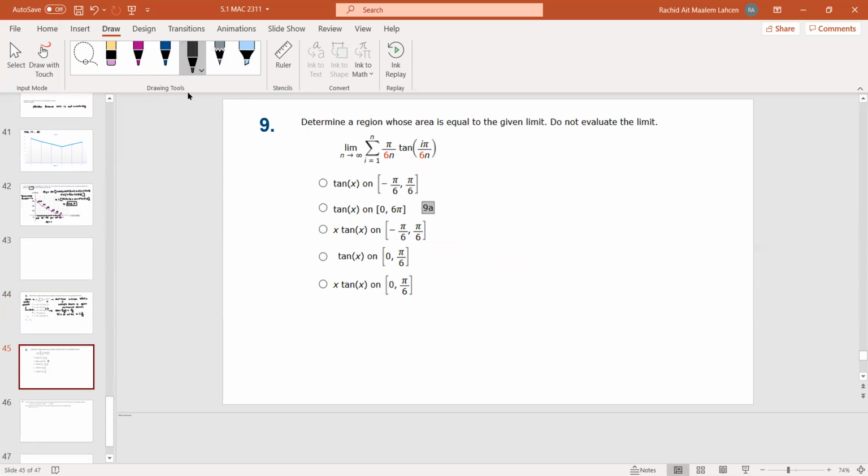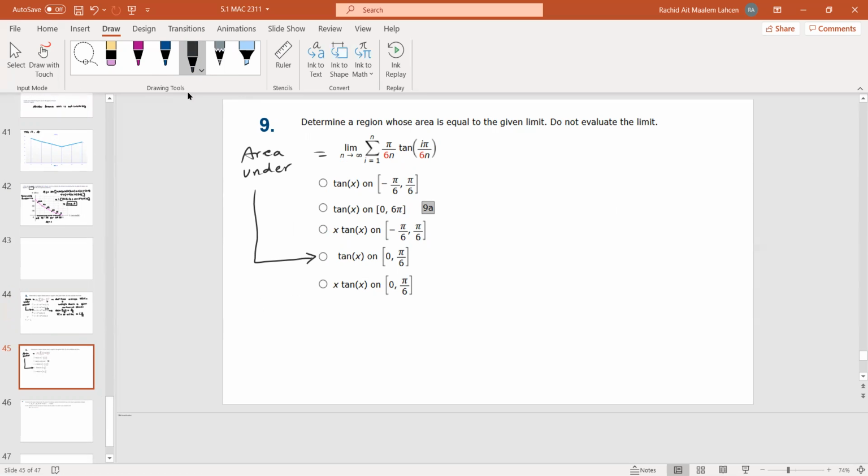Similarly, we're going to do this example, and it looks like this area is going to be under, let's see, this curve, right? Why?